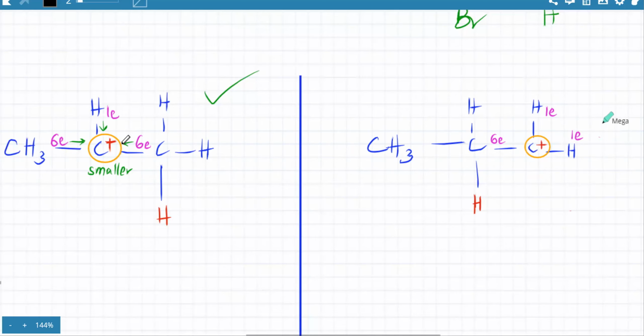Now, by looking at it, its neighborhood doesn't have a lot of electrons because it has more hydrogen atoms. Hydrogens don't have electrons. So the same thing would happen over here as well. It's going to try and pull the electrons and try to neutralize itself. But there are not a lot of electrons around. So in a relative sense, this is going to be relatively larger.